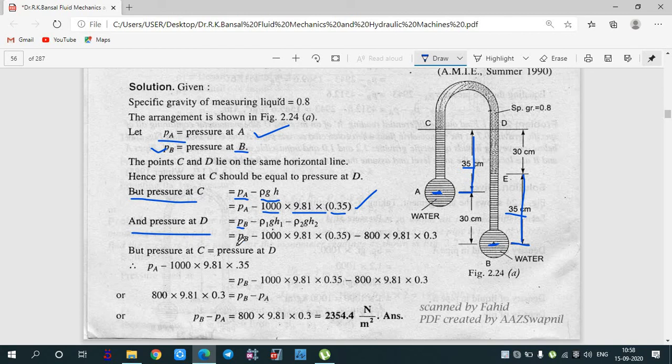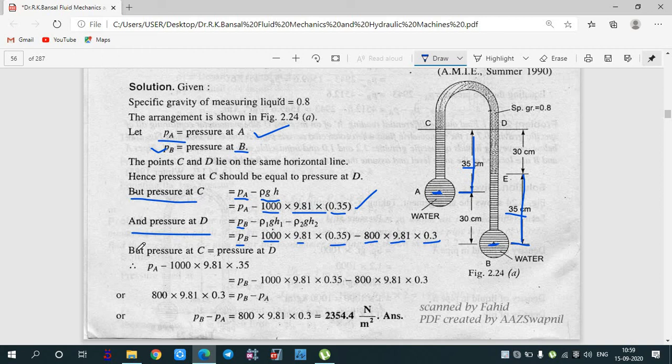I will put the values. PB minus 1000 into 9.81 into 0.35. This is the first fluid. After that we will consider oil: 800 into 9.81 into 0.3. This 800 is nothing but the density of your oil.